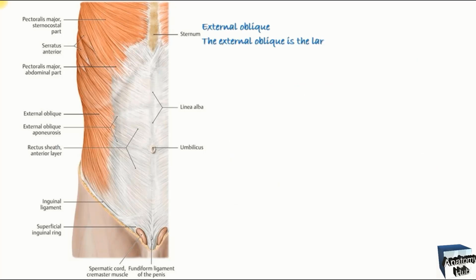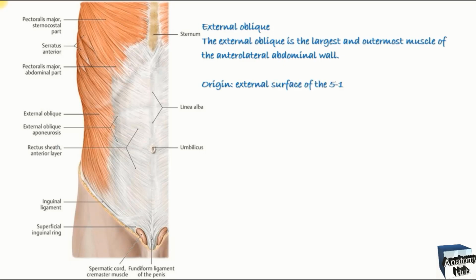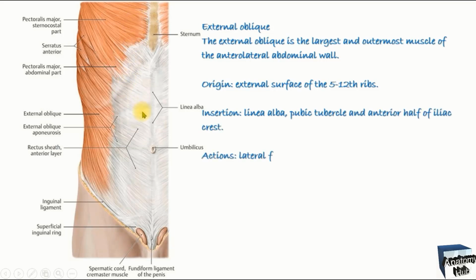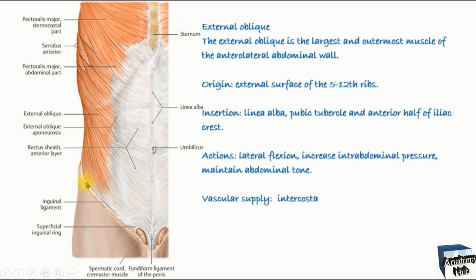So this external oblique muscle is the largest and outermost muscle of the anterolateral abdominal wall. Its origin is the external surface of the 5th to 12th ribs that you'll find over here, and insertion is towards the linea alba over here, the pubic tubercle and the anterior half of the iliac crest that you'll find over here.